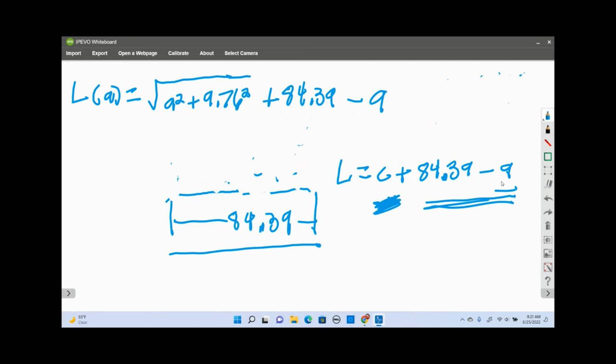Now, the first thing we have to do is figure out a feasible domain for this particular situation based off A. So we want to find out what's the biggest A could be and what's the smallest A could be. And these will represent the endpoints of our function.